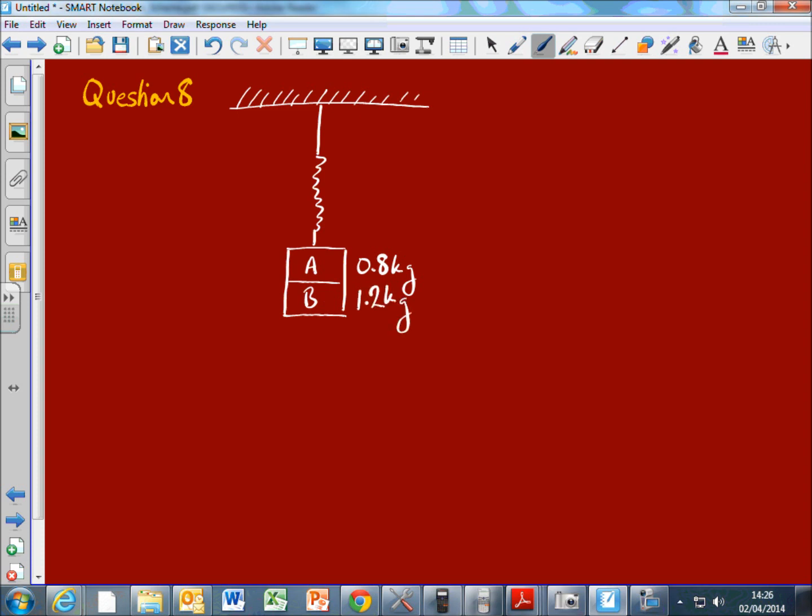We're told some information about the spring, which is that it has a modulus of elasticity of 49 newtons, and it's got a natural length of 0.5 meters.